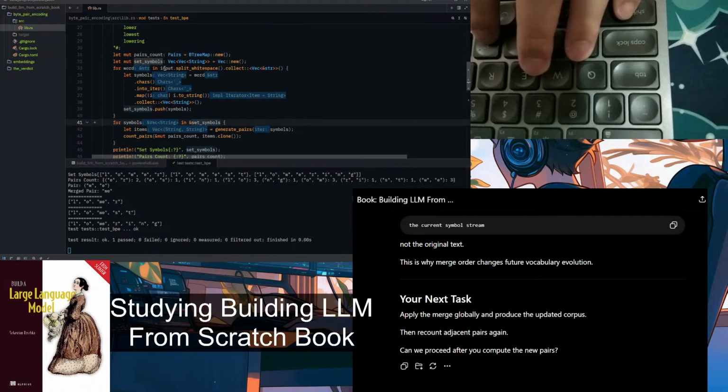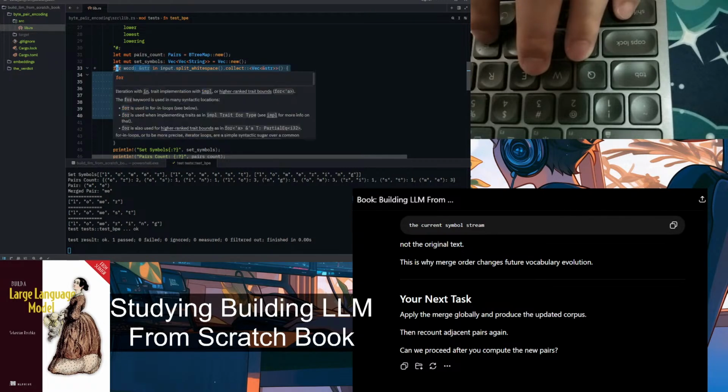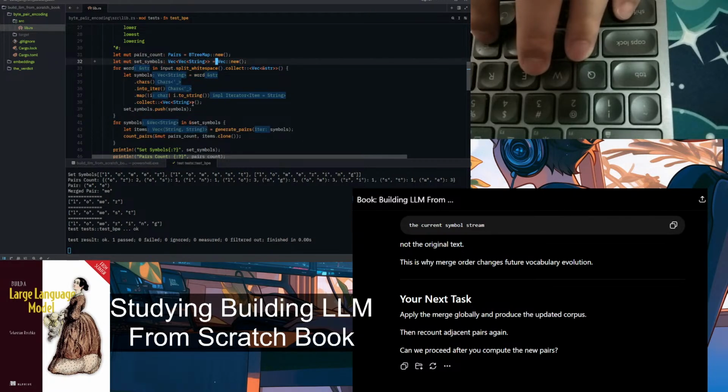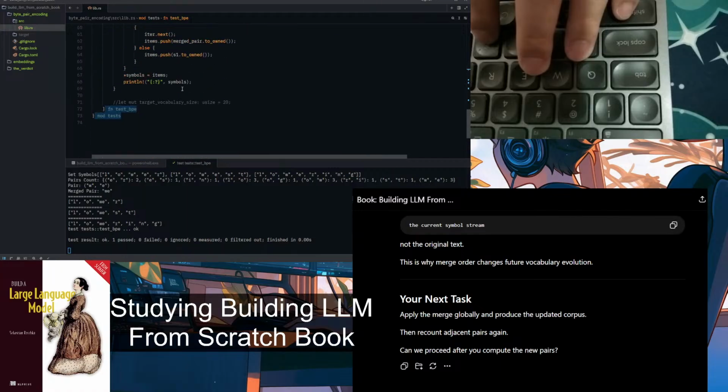So, ito yung set symbols ko. Parang ito yung initial ko lang na pag-build no mga characters. So, parang ito yung corpus ko pala. No? Anyways, later.